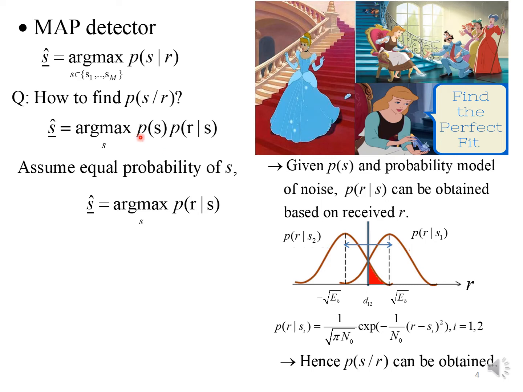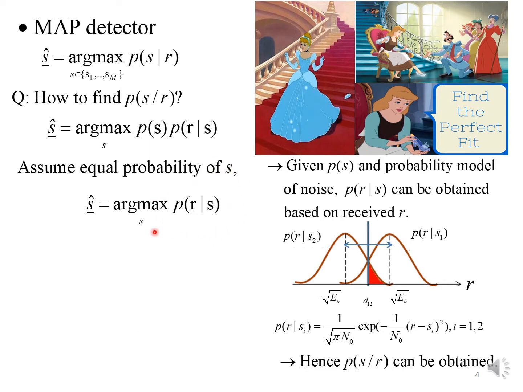Then this P(S) could be removed because it's equal probability, and the detection is reduced to be based on the conditional probability on the source. So we can change this MAP detector with conditional probability on R to the conditional probability on S.